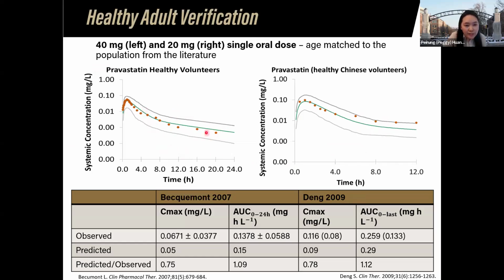The green line is the simulated plot, and the dots are the observed data. So the table below shows the predicted versus observed ratio for Cmax and AUC. You can see here they are all within the twofold range, indicating that the simulation is fitting quite well to the observed data.